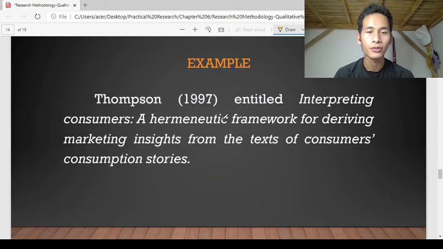An example is Thompson 1997, entitled Interpreting Consumers: A hermeneutic framework for deriving marketing insights from the text of consumers' consumption stories.